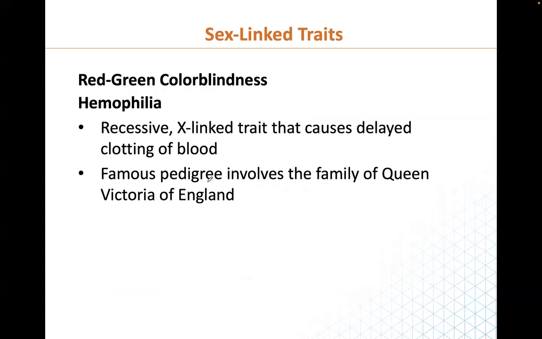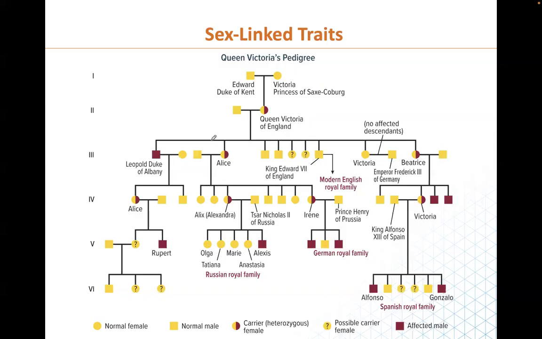Mind you, we're dealing with a recessive X-linked trait, so you need to have two alleles to have the disease. This person is a carrier. But Leopold, Duke of Albany, had the disease. Then it got transferred to Alice, who became a carrier.